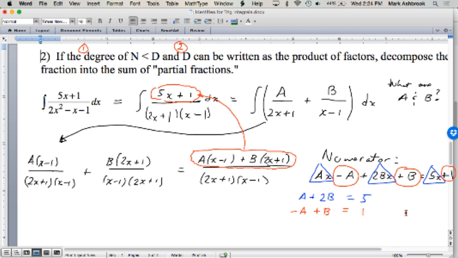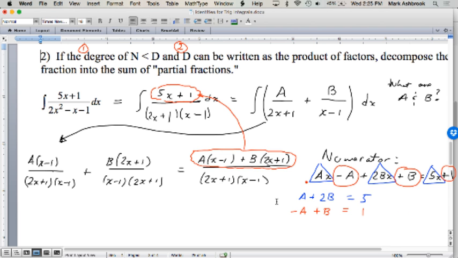System of two equations in a and b. So any way that you can solve this, you're free to do so. I'm not going to require that you do it a certain way. So there's elimination, substitution, matrix method. We're going to have these systems of equations, so any way that you want to do that is fair game.